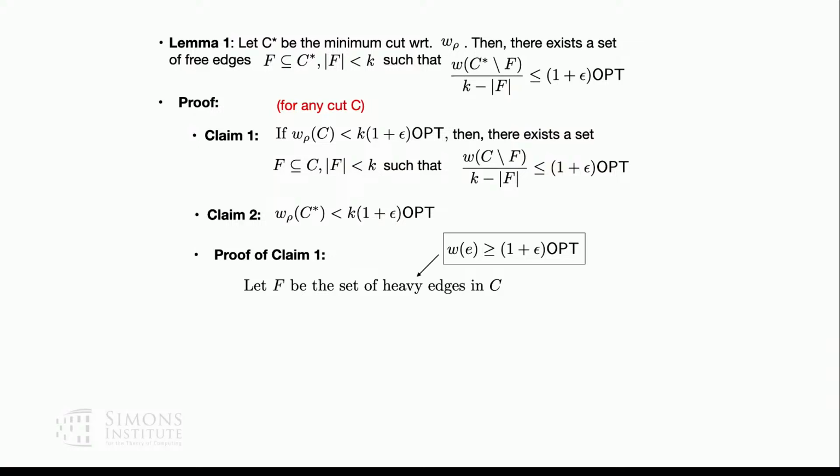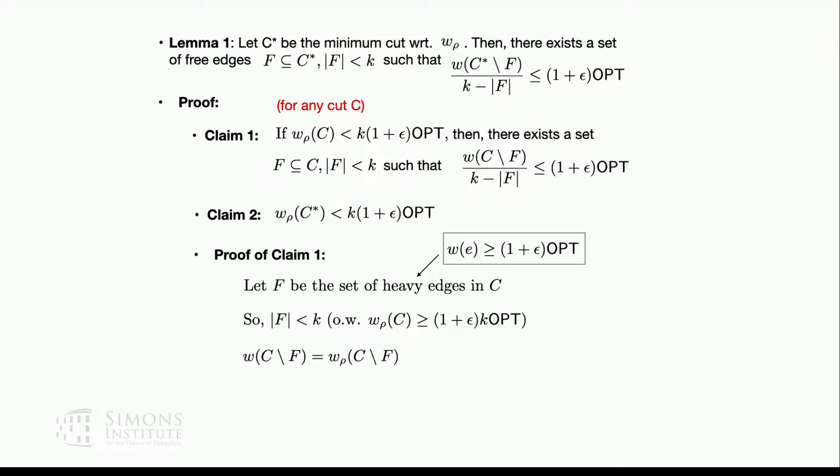Let F be the set of heavy edges in this set. Heavy edges means that the weight is at least 1 plus epsilon opt; otherwise I say light. Clearly, this set of heavy edges cannot have more than K, because otherwise the weight would be far bigger than 1 plus epsilon opt. Good. So we know that there are at most K minus 1 heavy edges, which is good for us.